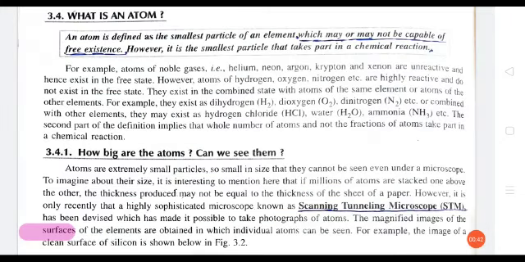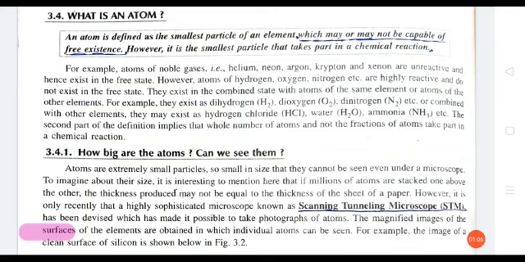Before starting this subtopic, my dear children, the question arises in our mind: what is an atom? As I have told you in the previous class, an atom is defined as the smallest particle of an element that takes part in a chemical reaction.